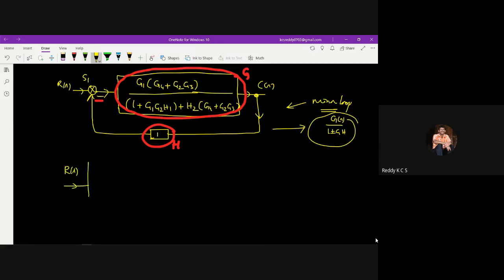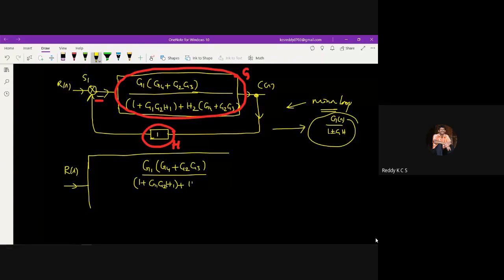So here it has become one single block now. What is the G value? G1 into G4 plus G2 G3 divided by 1 plus G1 G2 H1 plus H2 into G4 plus G2 into G3. This is the G only.